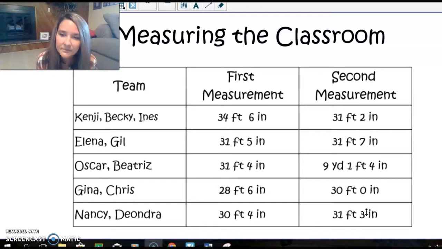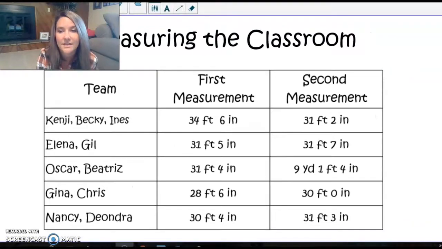Now, thinking about different measurements, you'll notice that Oscar and Beatrice's second measurement is in yards and feet. So let's take Kenji, Becky, and Inez's second measurement and try to put that measurement in yards, feet, and inches.